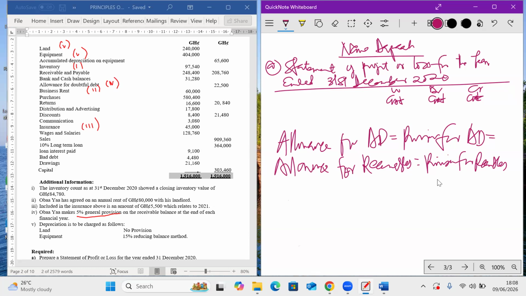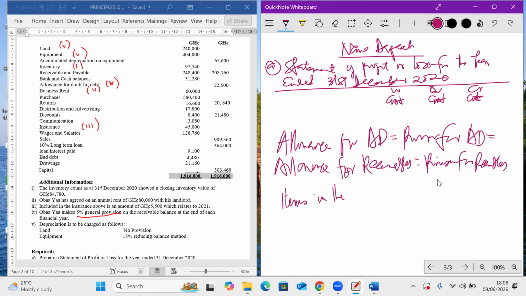Now. Items in the trial balance are treated once.